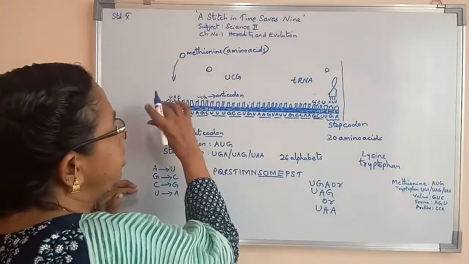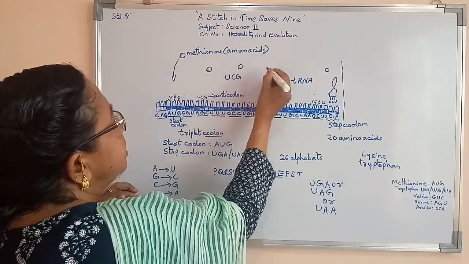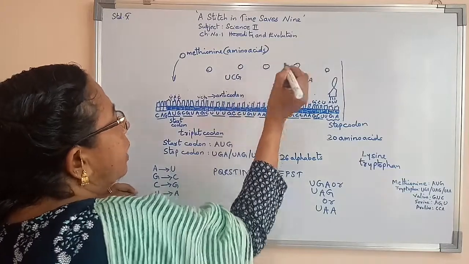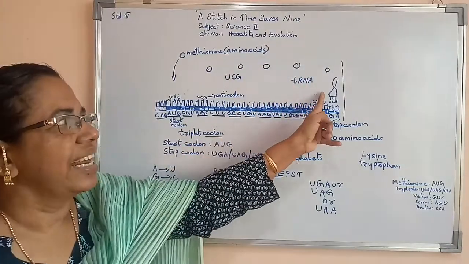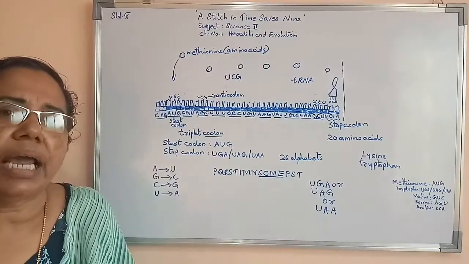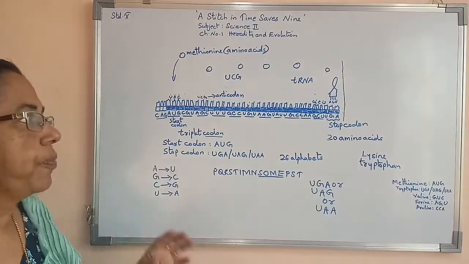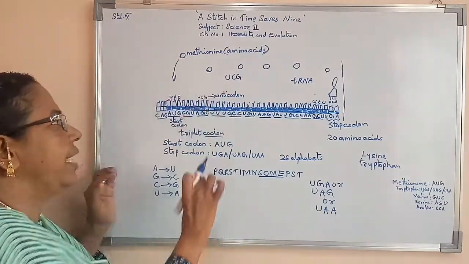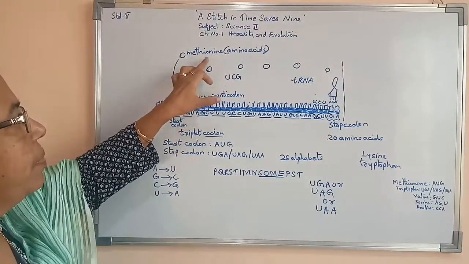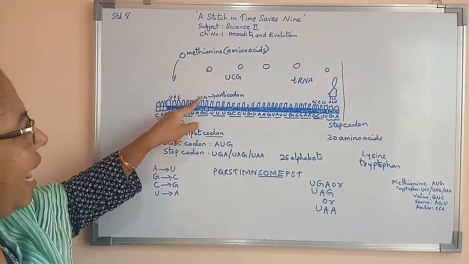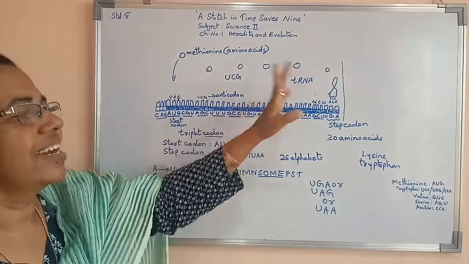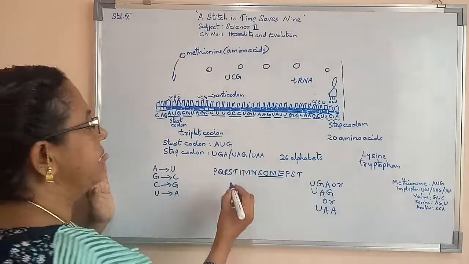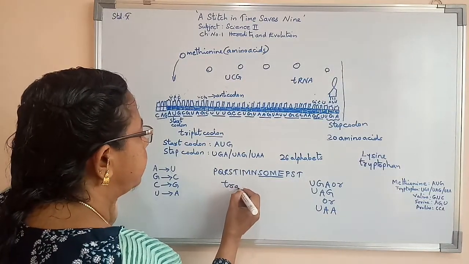So like that, the transfer RNA brings and keeps amino acids in suitable places with the help of the ribosome. Now such a way of reading, coming and fixing the suitable anticodon by the transfer RNA is known as translation.